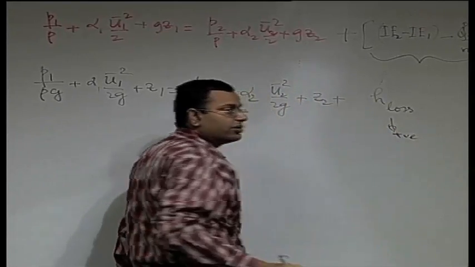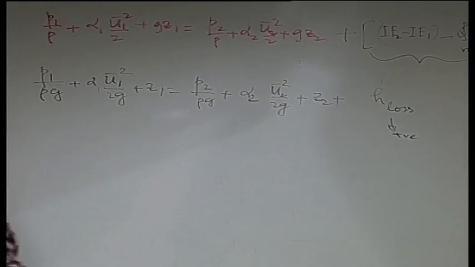This is sometimes known as the modified Bernoulli's equation, or better to say this is an energy equation, a modified mechanical energy equation, which still represents a conservation but considering a loss.